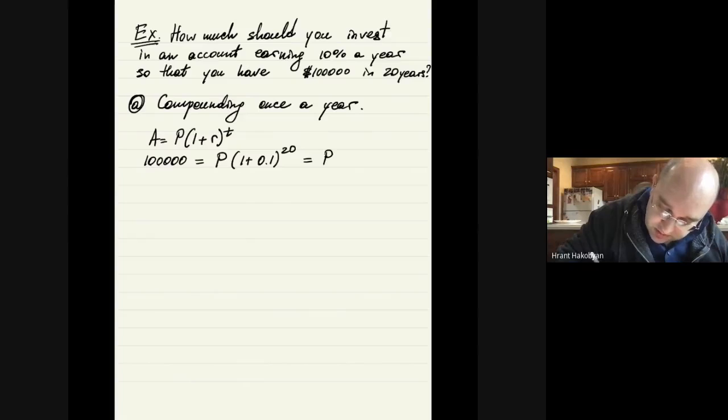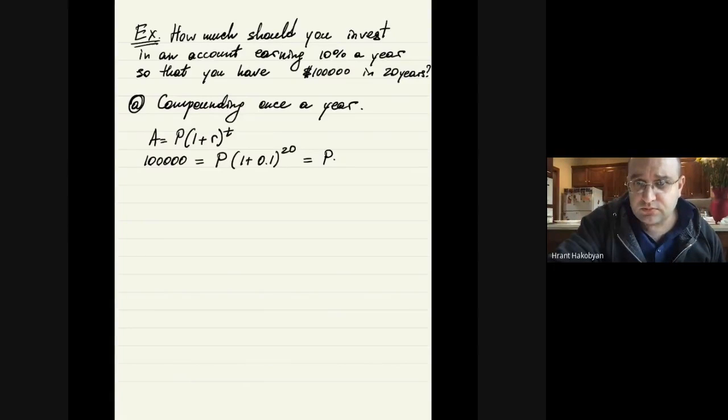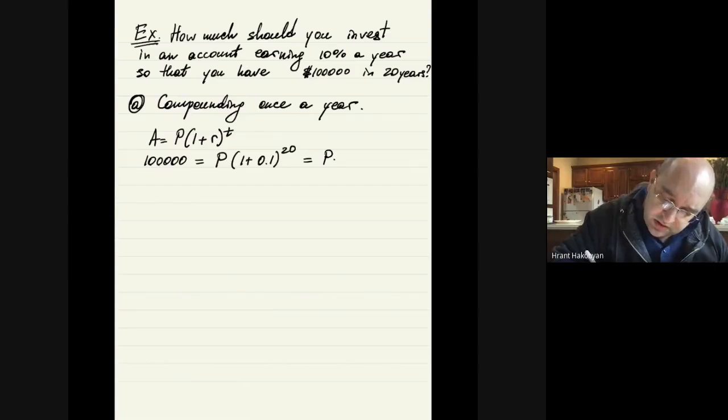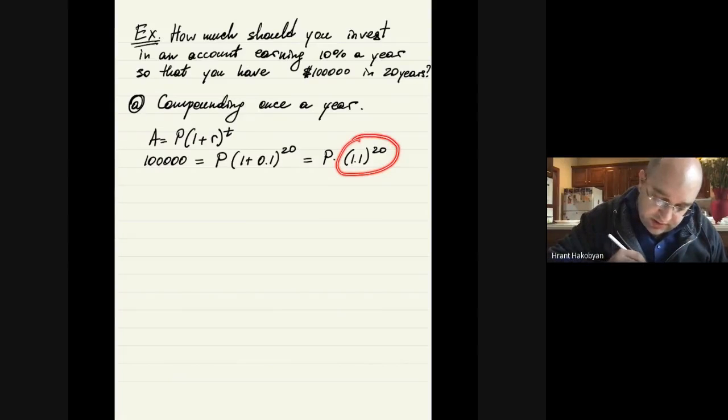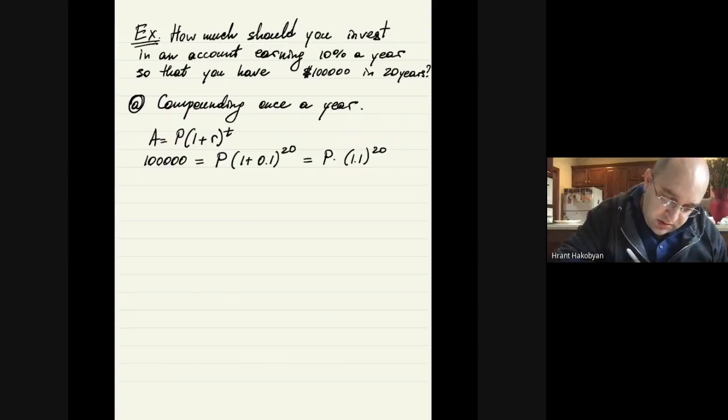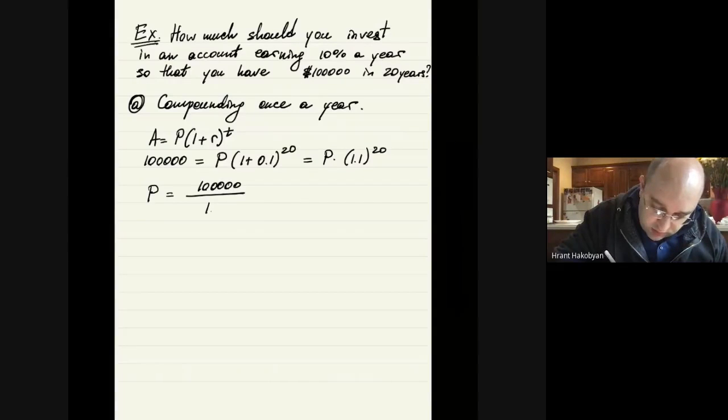This is going to be P times 1.1 to power 20. If I want to find P, I'm going to divide both sides of this equation by this number. So P is going to be 100,000 divided by 1.1 to power 20.